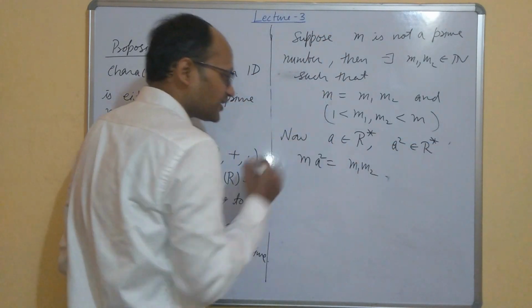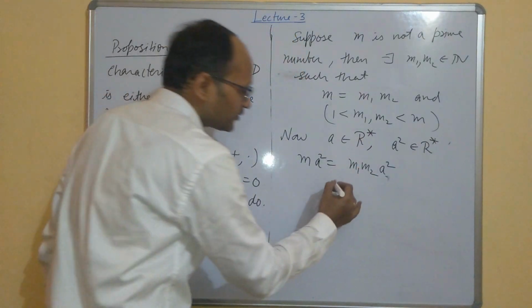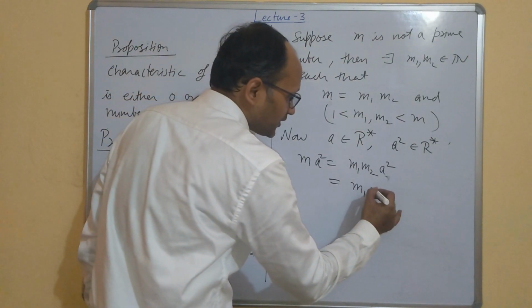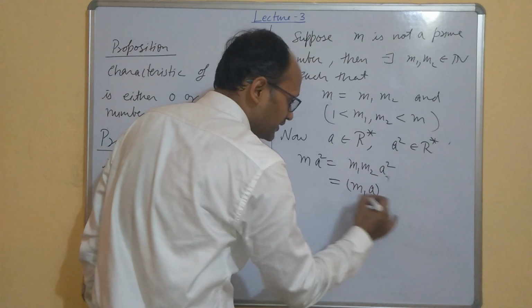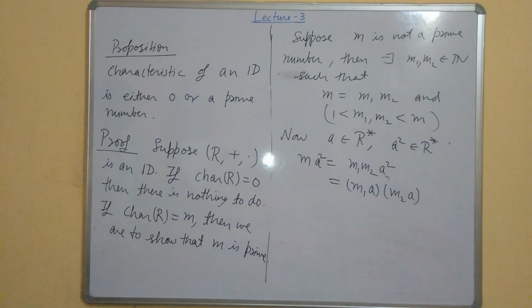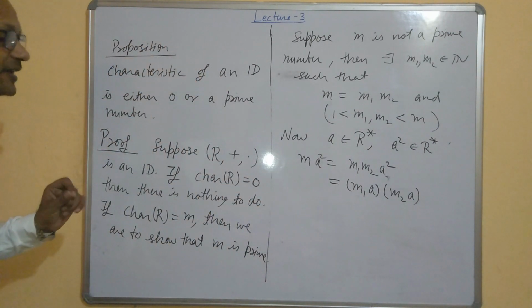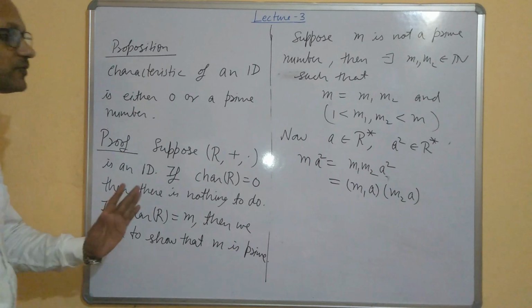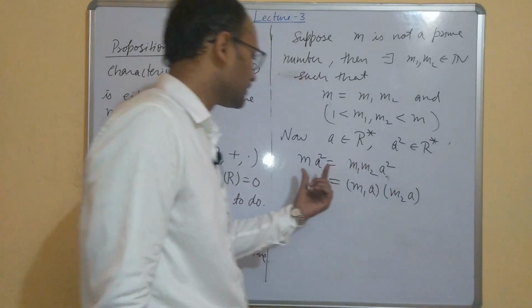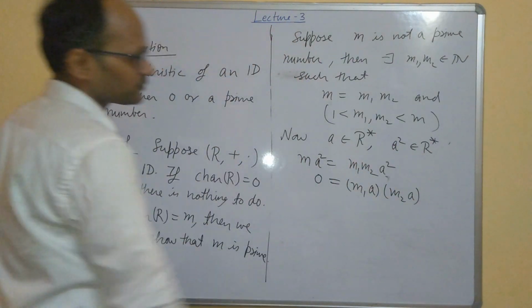So this is m1 m2 a square, and just now we have observed that this can be written as m1a and m2a. Now what is this? m is the characteristic, and characteristic is nothing but the additive order of every non-zero element. a is a non-zero element, so its order will be m. So m times a square is 0.